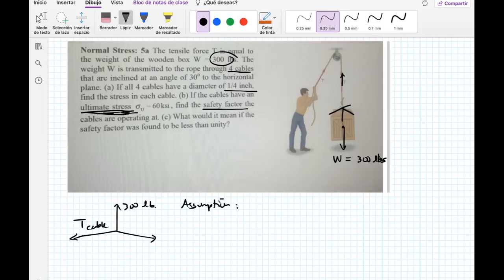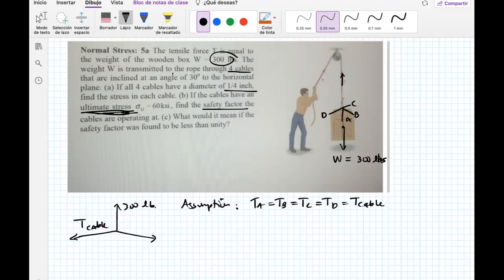One assumption would be that the tension, or the load, in each one of those cables is the same. So for example, this cable is A, this is B, this one that you don't see is C, and maybe this one is D. So TA equals TB equals TC equals TD, just the tension of the cable.